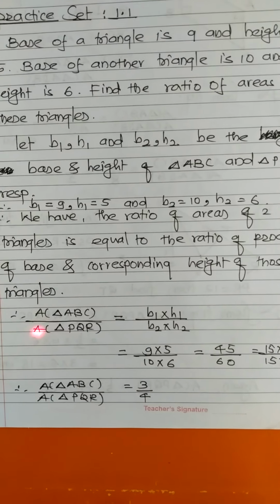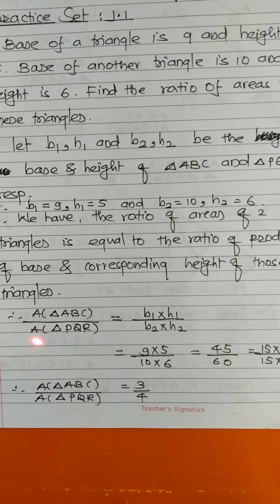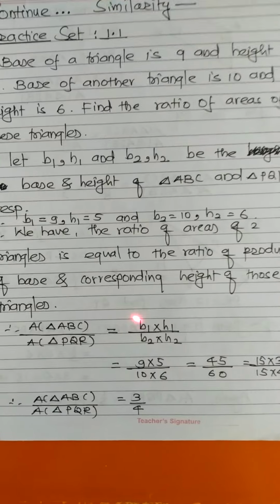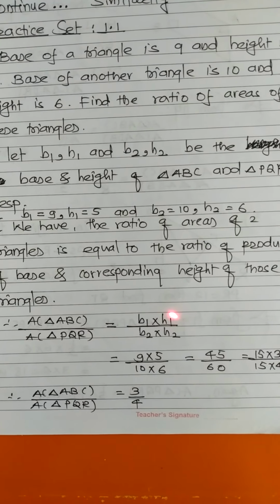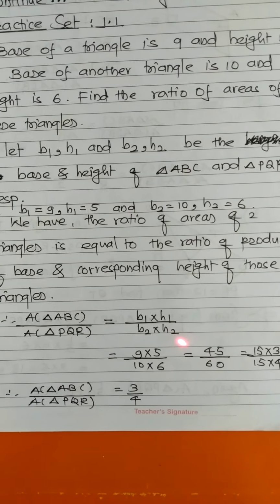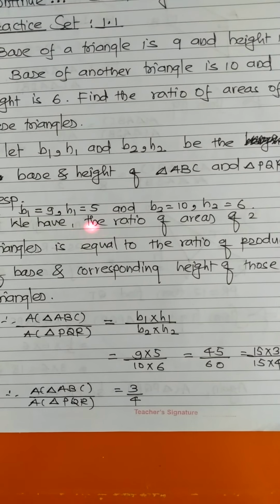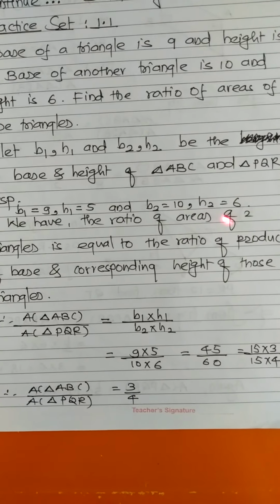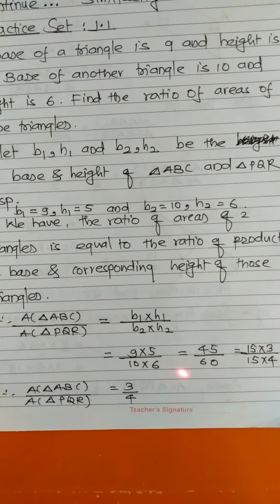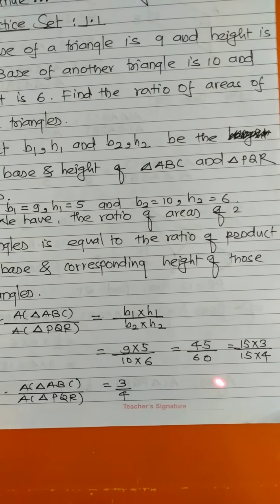So you can write this ratio, area of triangle ABC upon area of triangle PQR equals B1 into H1 divided by B2 into H2. So you can put the values 9 into 5, 10 into 6. So therefore 45 upon 60.